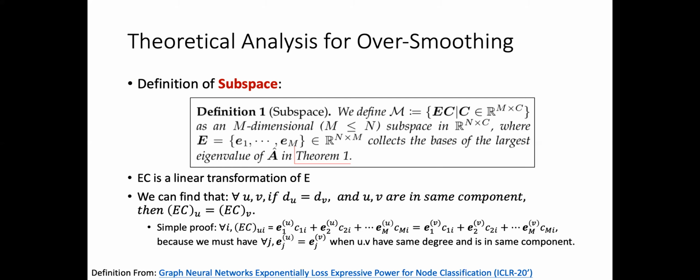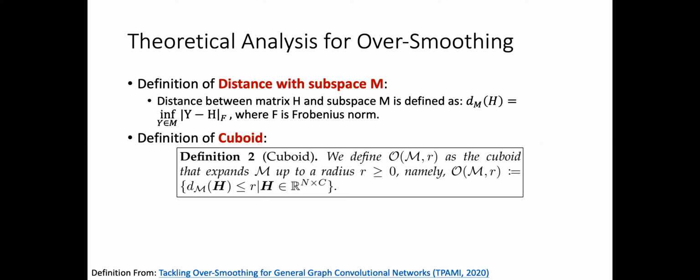With this definition of subspace, we then define the distance to this subspace. The distance between a matrix H and subspace M is defined as d_M(H) equals the infimum of the Frobenius norm of Y minus H, where Y belongs to subspace M. With this distance and the subspace M's definition, we can define a cuboid.